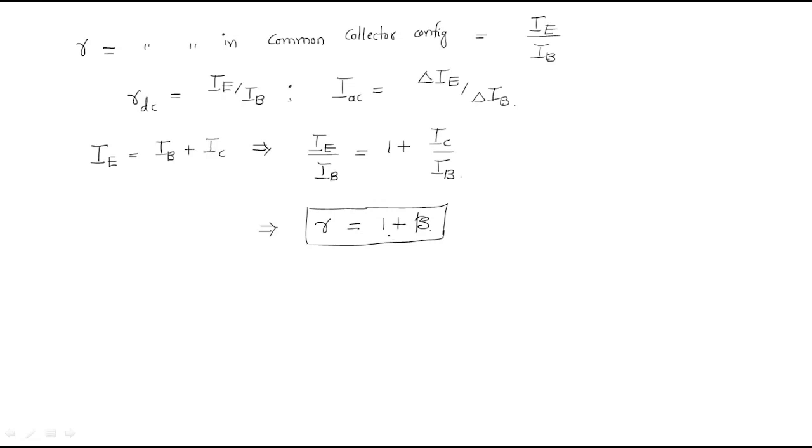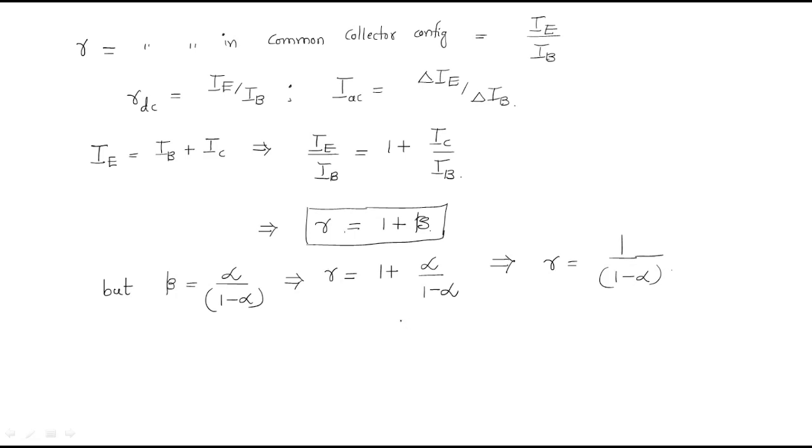So this is the relation between gamma and beta. But we know the relation between beta and alpha: beta equal to alpha by 1 minus alpha. Substituting in the above equation, gamma equal to 1 plus beta, that is 1 plus alpha by 1 minus alpha. Finally you will get gamma equal to 1 by 1 minus alpha.